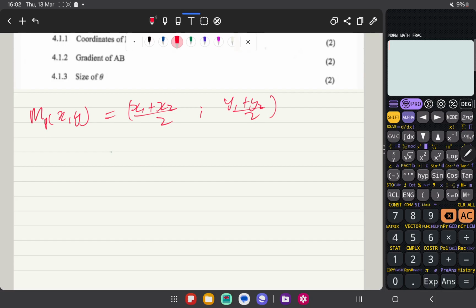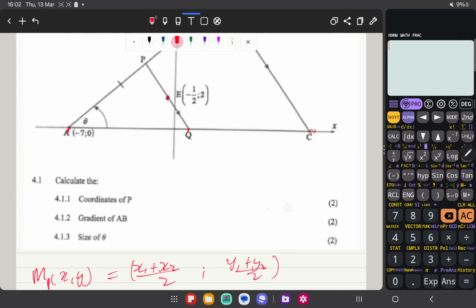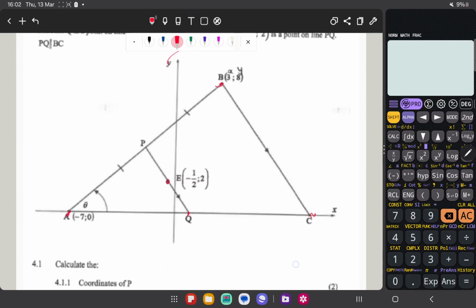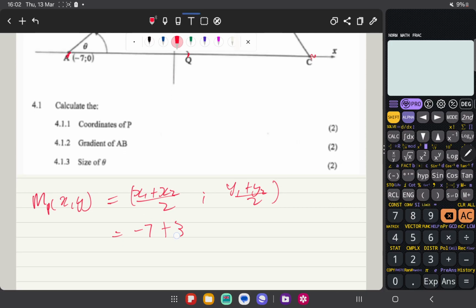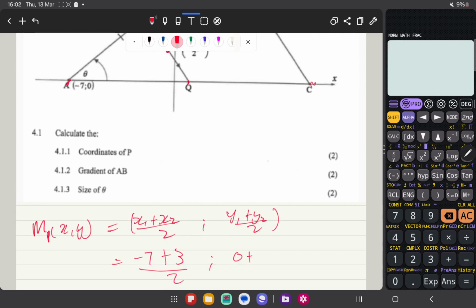And then if I go to my points, for x, I have minus 7 as x1, then plus 3, then divided by 2. For y, I have 0 plus 8 divided by 2.